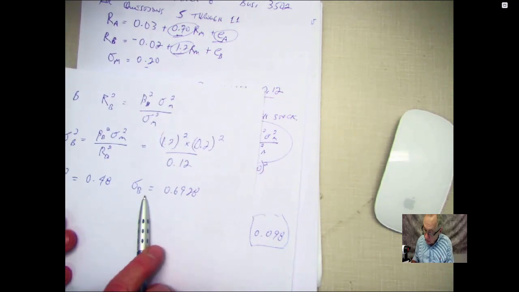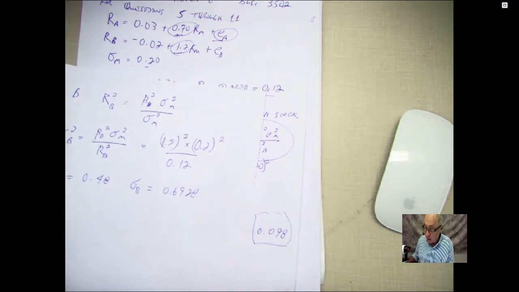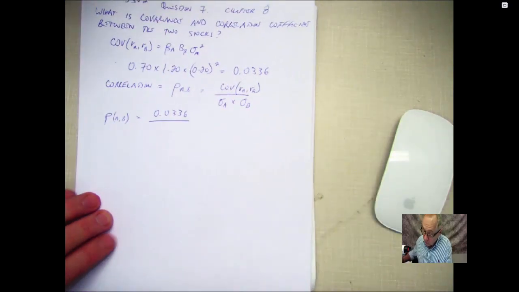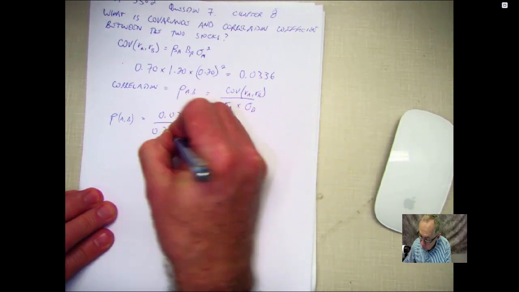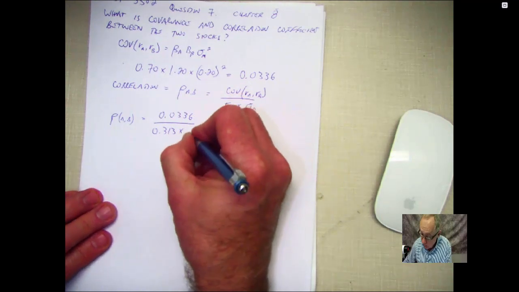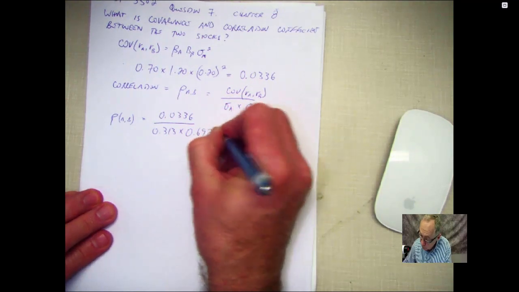Standard deviation of stock B was 0.6928. So we'll use those now to find rho, or correlation coefficient, for A and B. So here, 0.313 times 0.692.